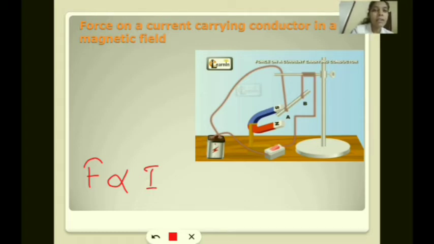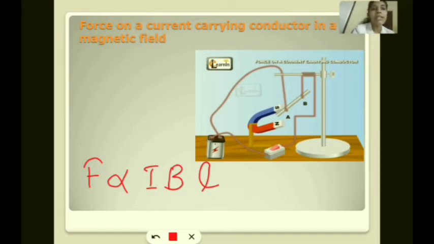When current is decreased, force is decreased. And it is directly proportional to magnetic field. When the magnetic field is increased, force is increased. When the strength of magnetic field is decreased, force is decreased. And also it is proportional to the length of the rod. Why? Because when length of the rod is increased, force experienced by the conductor also increased.